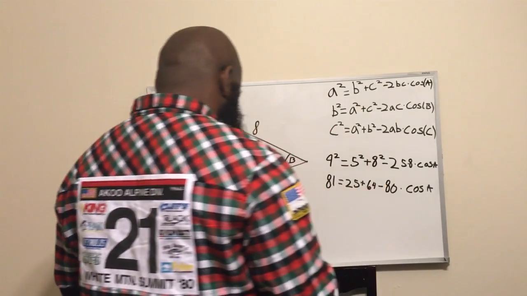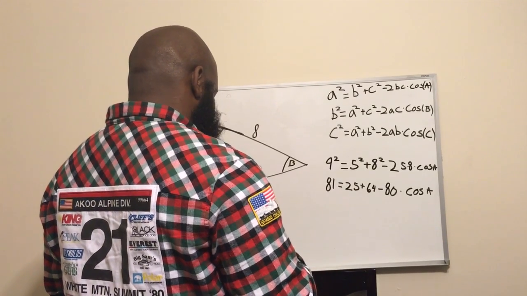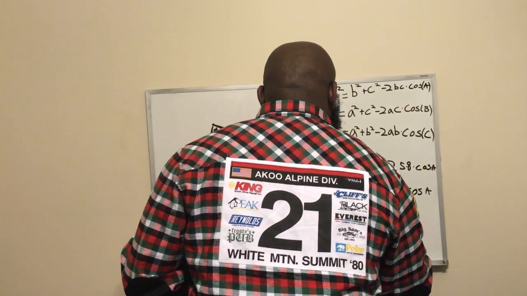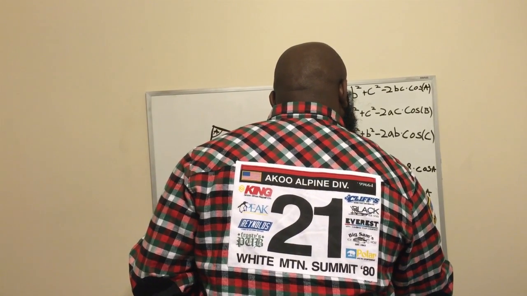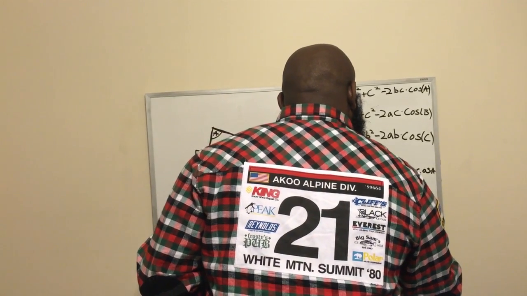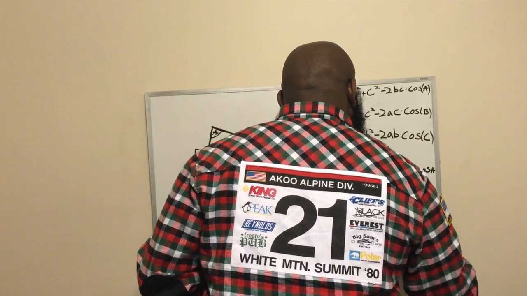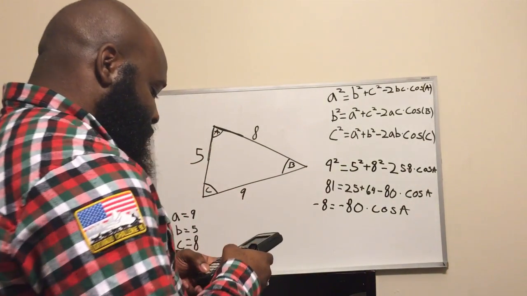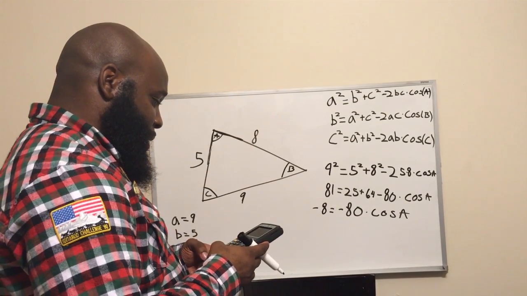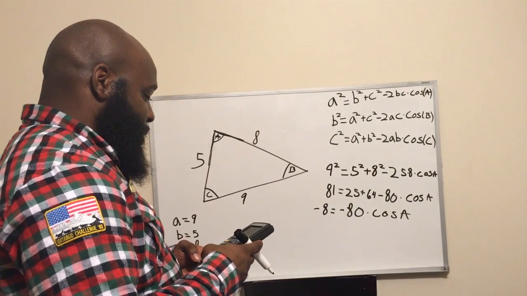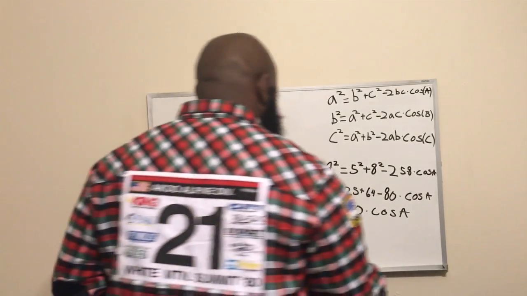So 81 minus 89 is negative 8, equal to negative 80 times cosine A. Negative 8 divided by negative 80 is 0.1.